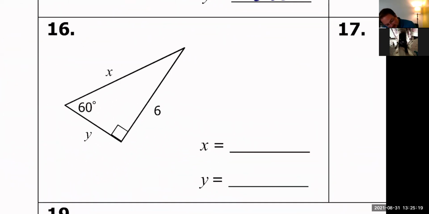Number 16, this one's going to be kind of sneaky because there is a simplification involved. If you try this one and you're stuck, come see me. But what you should end up with, your answer fully simplified, x should be 4 times the square root of 3. Y should be 2 times the square root of 3.